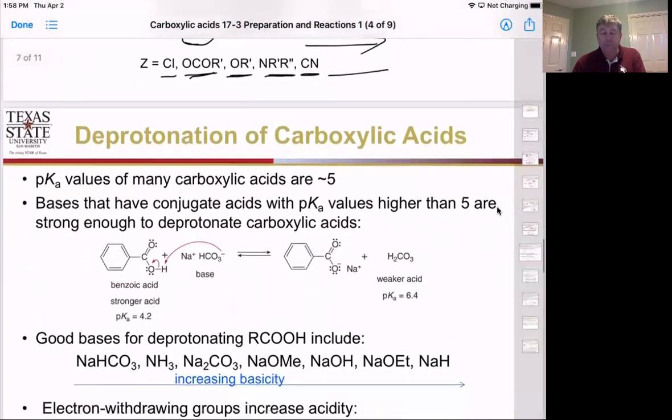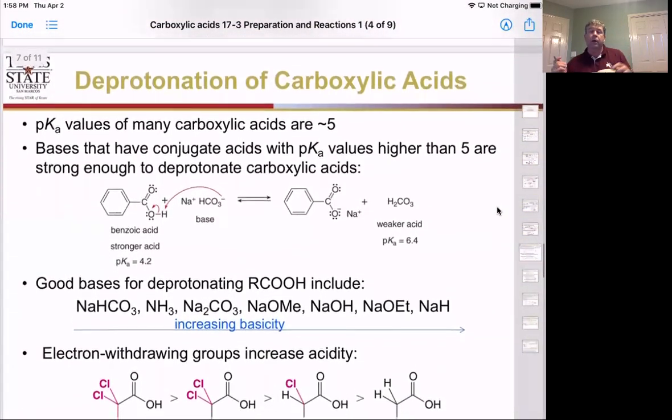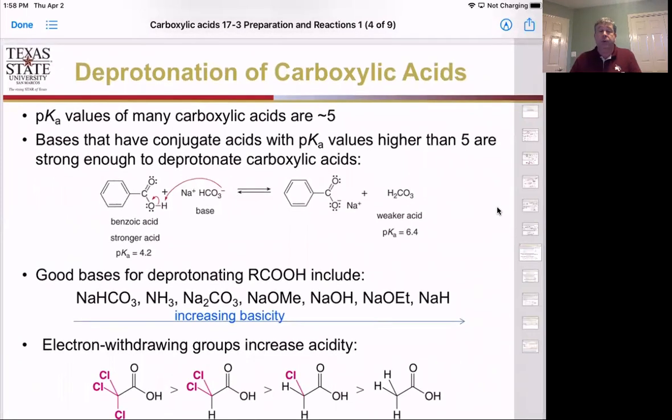Okay, so now that we have our carboxylic acids, we know we can deprotonate them. And when we deprotonate them, we can use a variety of bases as long as the weaker acid is formed during the reaction. Now, because most carboxylic acids have pKa's around 5, that means we can actually use some pretty weak bases to do this.